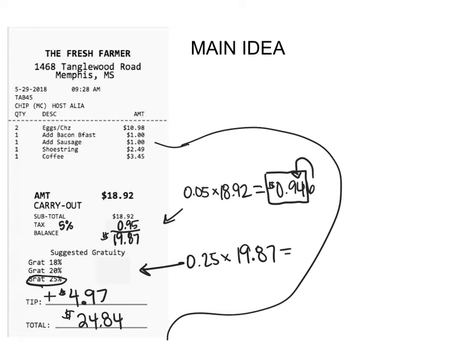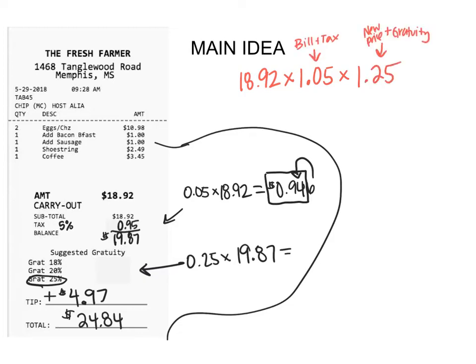The faster way is to multiply the percents like we did before. We take 18.92, we're adding a 5% tax, so that's 105% of the original. Then we're adding a 25% gratuity.